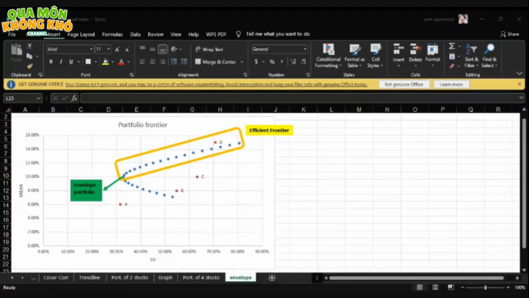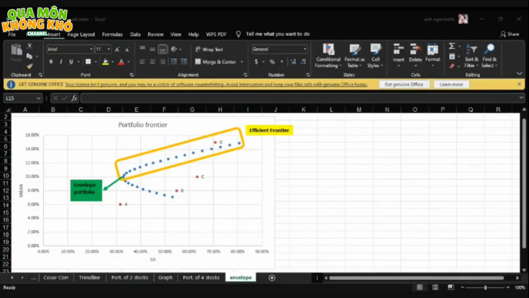So why is the portfolio with 100% invested in stock A outside the envelope? Or stock D is just outside the envelope.